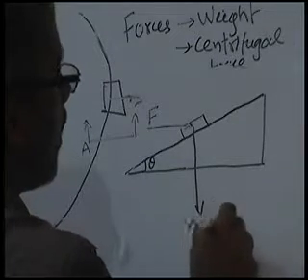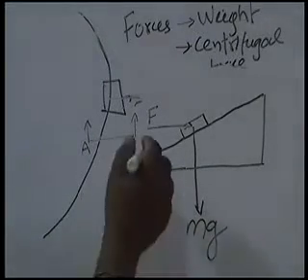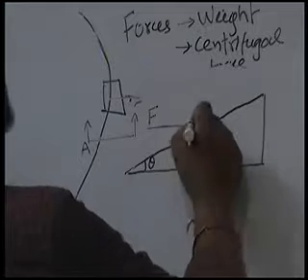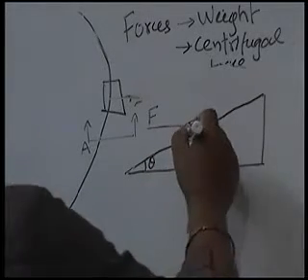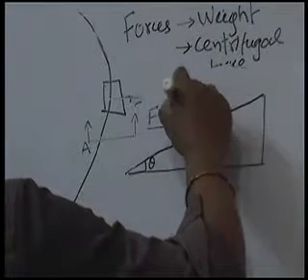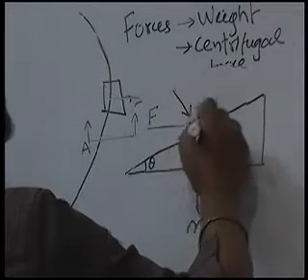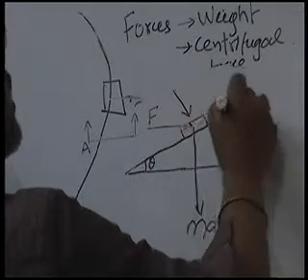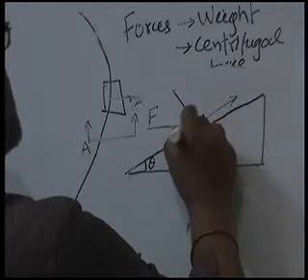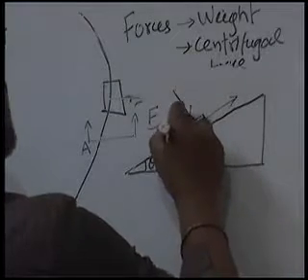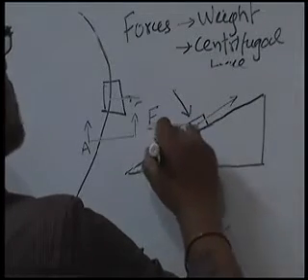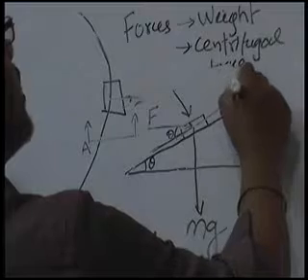To avoid skidding, consider the component of F, because F will have two components: one perpendicular to the surface and the other along the surface. If this is theta here, along the surface it will be F cos theta.